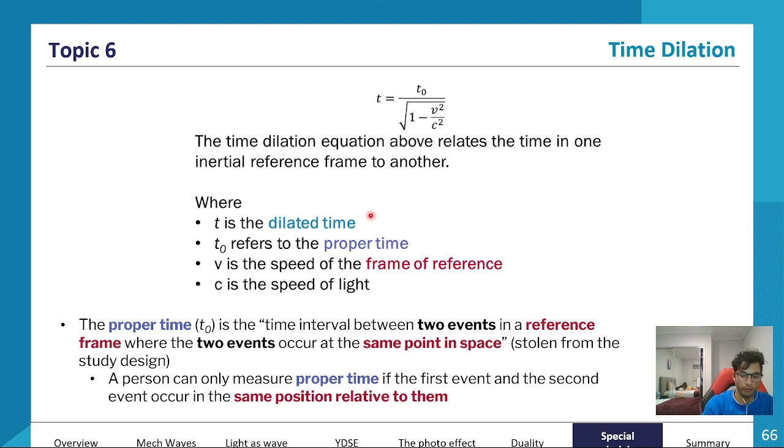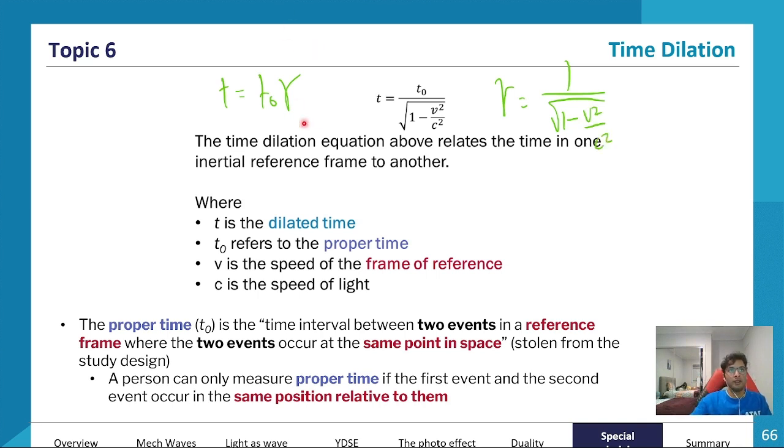It's a pretty ugly looking formula, but essentially time is equal to t0 times lambda. Lambda is just some number, and that lambda is called the Lorentz factor, which is given by 1 divided by the square root of 1 minus v squared divided by c squared.